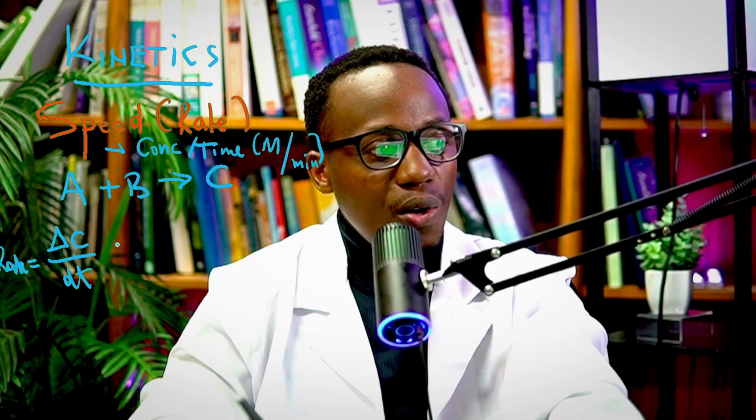So the change, which is delta, so delta of C over change in time, or dt, right? So that is our rate. So rate is equal to change in C, or change in product over time, or the disappearance.